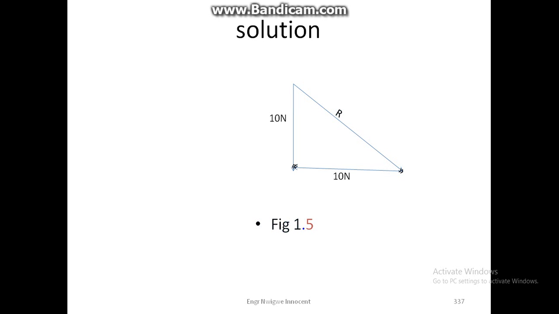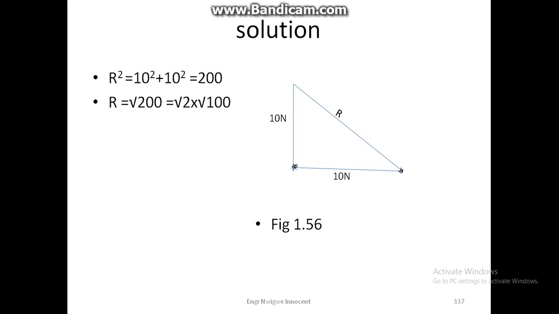Using the Pythagoras rule, we say that the square of the hypotenuse is equal to the sum of the squares of the other two sides. We have that r squared, which is the hypotenuse and the resultant, is equal to 10 Newton due east squared plus 10 Newton due north squared, which will give us 200.